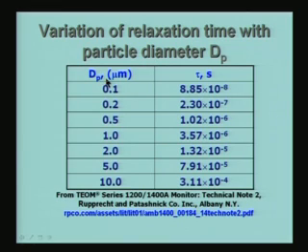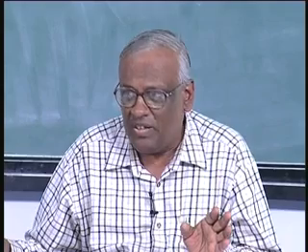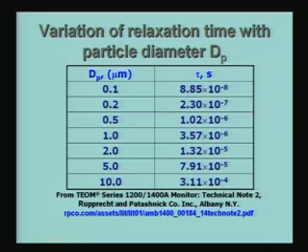This is not the diameter of the sampling tube. I am now talking about the diameter of the particle, and if you remember, the diameters of the particles were given earlier in the case of the Cummins engine. We had the diameter varying over a certain range. So, here we have taken the normal range of diameters which are useful in practice, going from 0.1 to 10 micrometers.